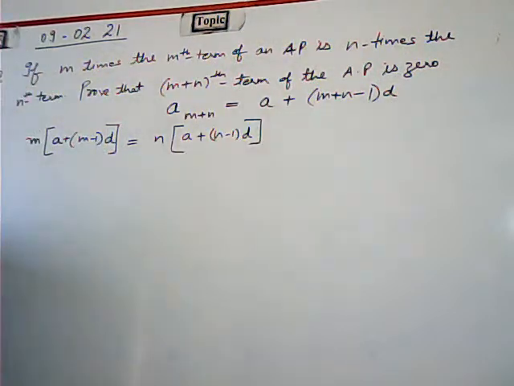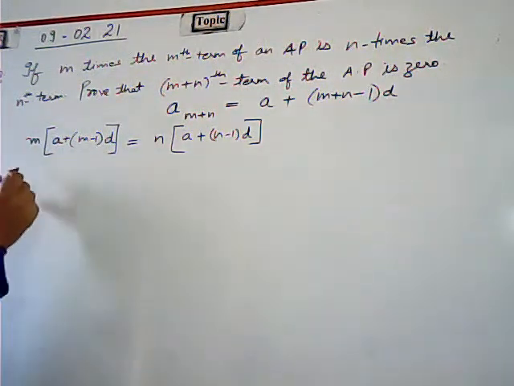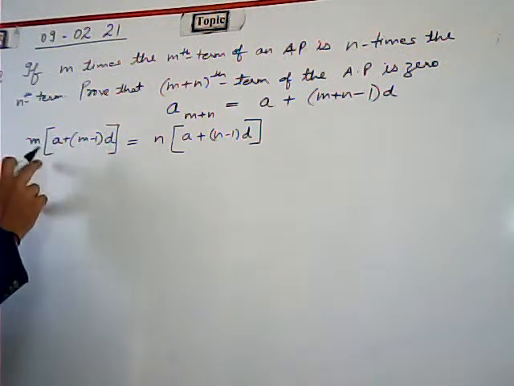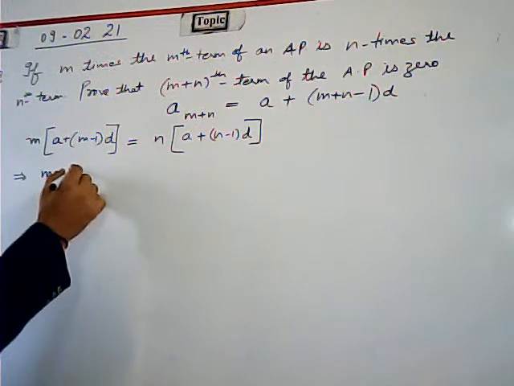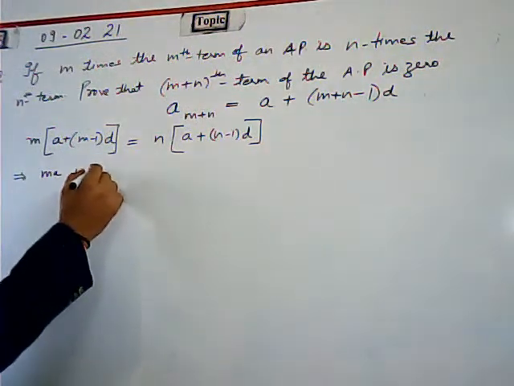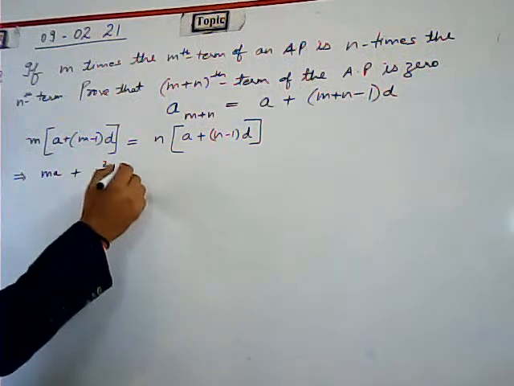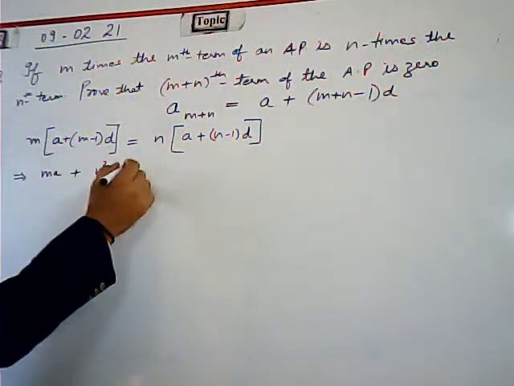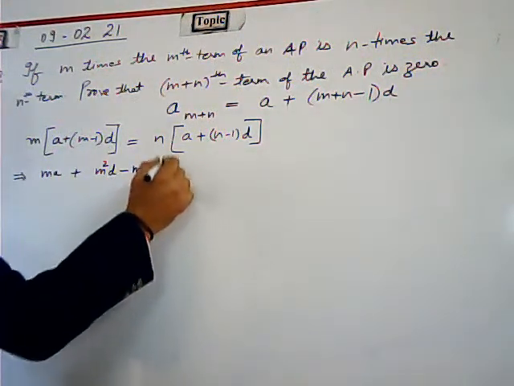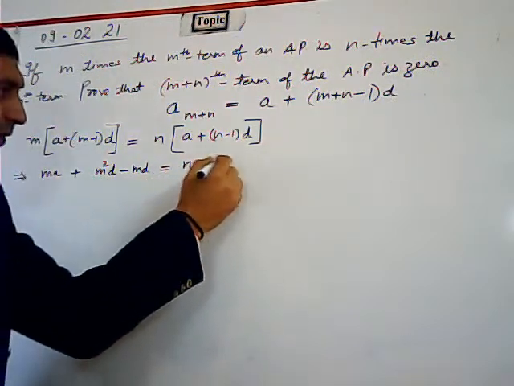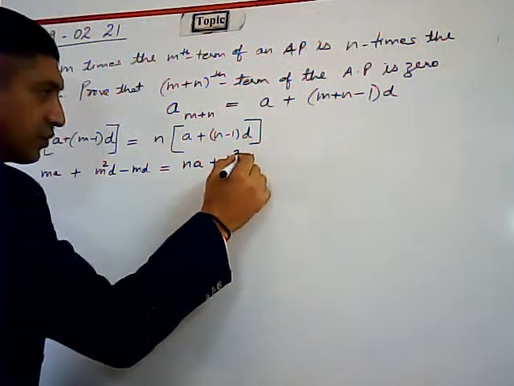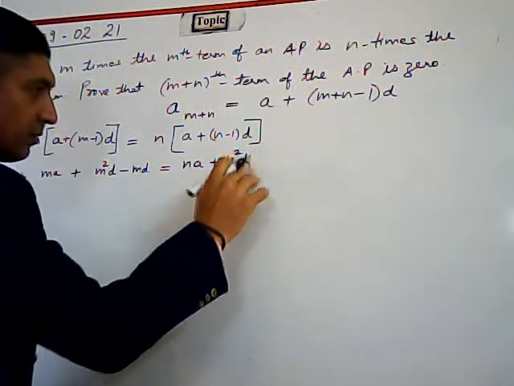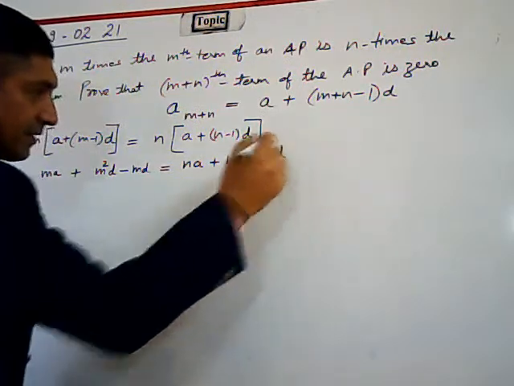Right? So here what we will do, we will multiply: ma plus m square d minus md is equal to na plus n square d minus nd, right?